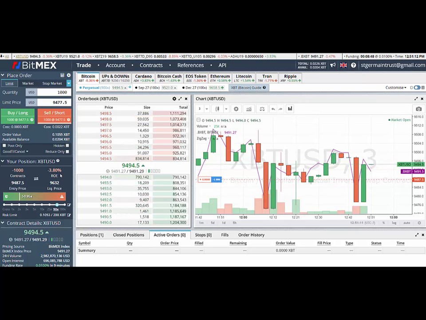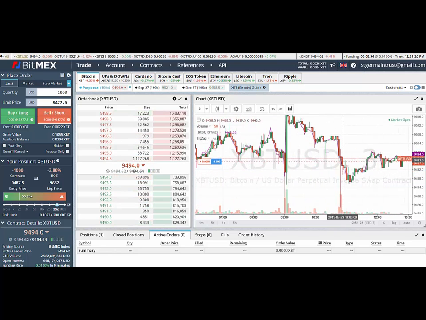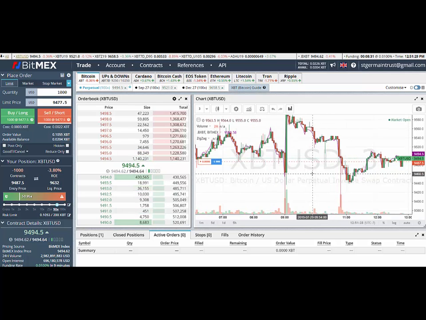My friend that just taught me this, he was getting 200, 300, 400% on some of these big swings. So for example, if we roll the mouse here, go back in time, there's a pretty big one right there that occurred. It would have been really great to ride this price up with a long.